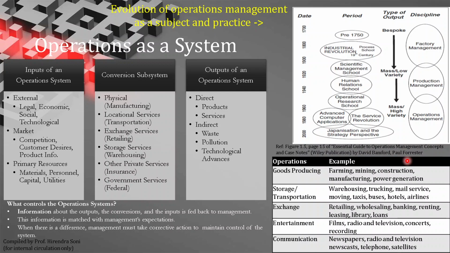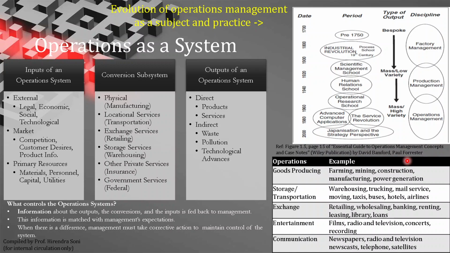What we have been talking about when we talked about material and all, we were actually referring to materials, personnel. Okay, so capital also becomes one of the primary resources and the utilities which are being used. When we talk about market, we are actually talking about the information collected in the form of competition, customers' desires, and product information.